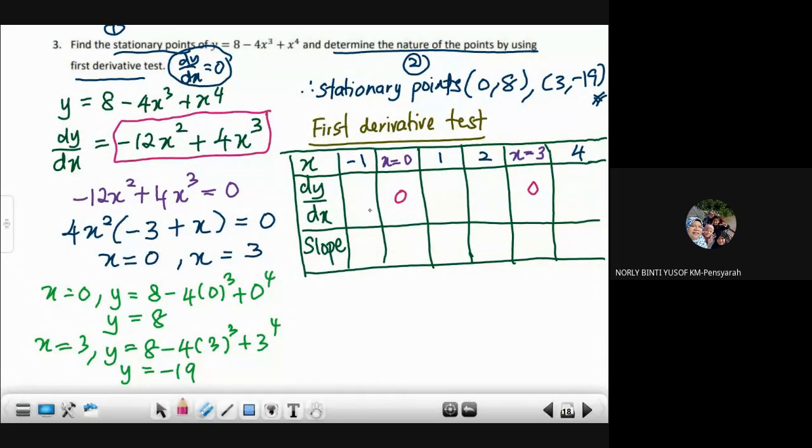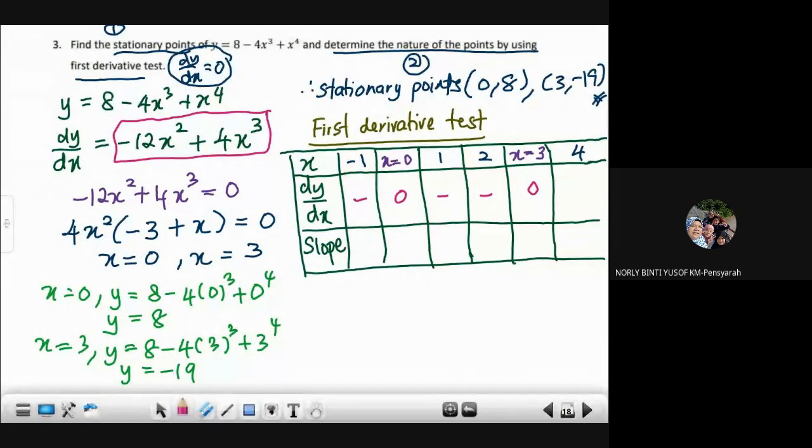Jadi you nak tahu nature kiri dan kanan antara stationary point tu. So kalau you masuk -1, you dapat negatif. You masuk 1 nanti dalam function ni, you dapat negatif juga. Jawapan dia je lah, sign je kita. Kita ambil sign je, jawapan tak payah ambil. Lepas tu masuk 2 dalam function ni, you akan dapat negatif juga.